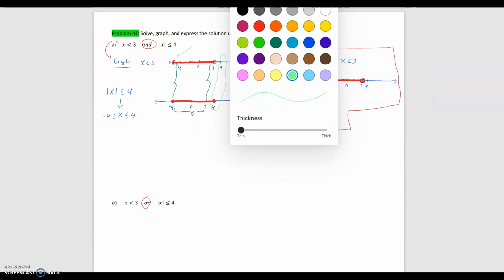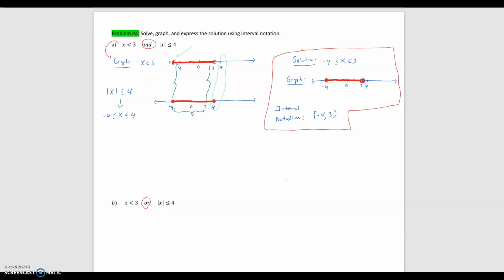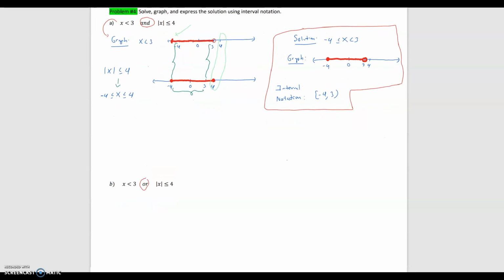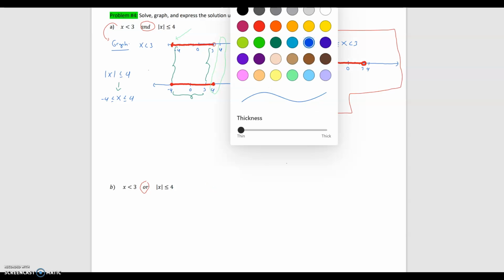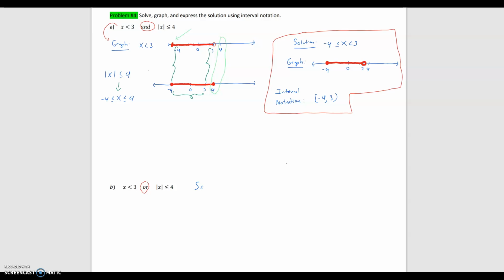So our solution for the union, let me write it here, is x is less than or equal to 4.